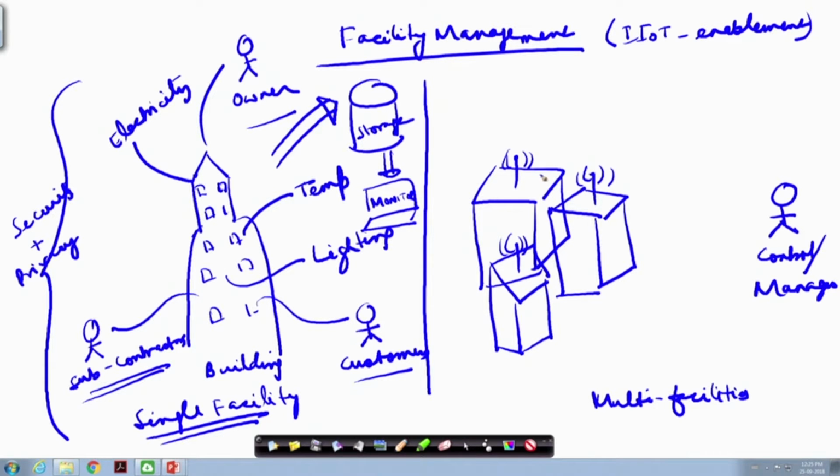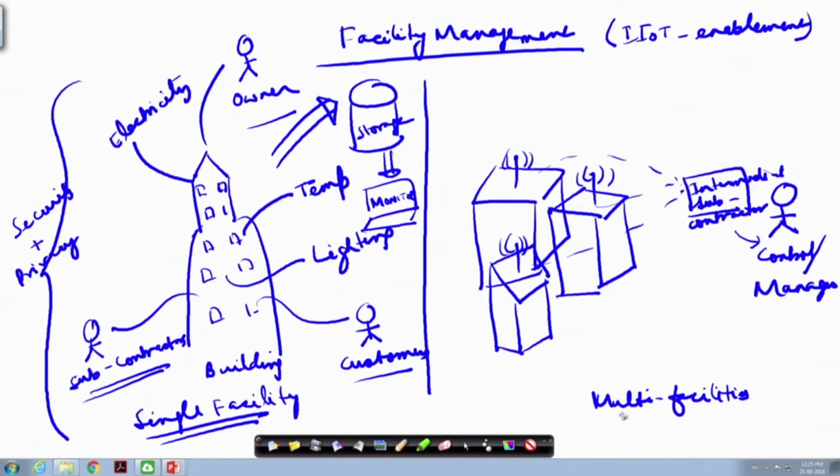In between, because we are talking about multiple subcontractors, you could again have an intermediate subcontractor, who could sit in between and help the manager monitor the facilities appropriately.